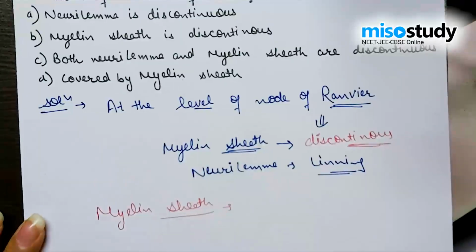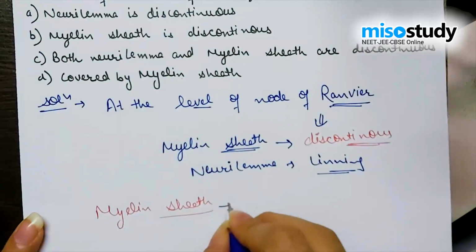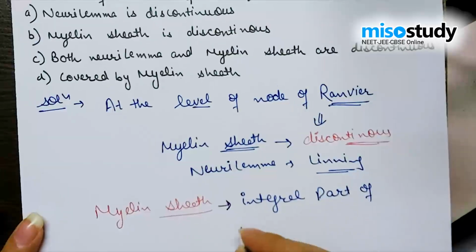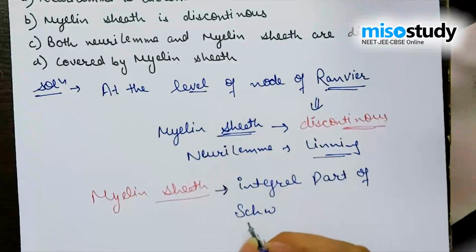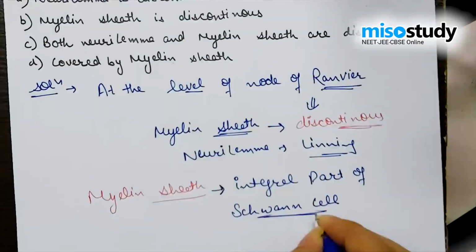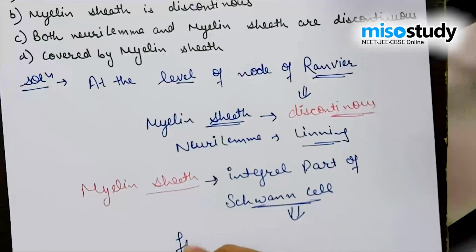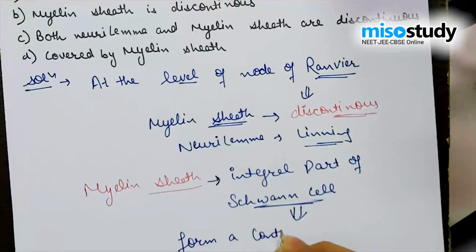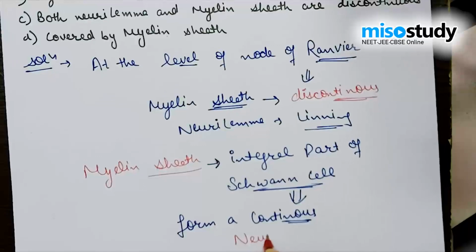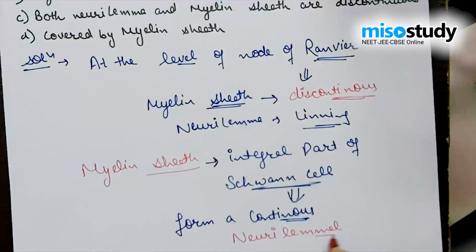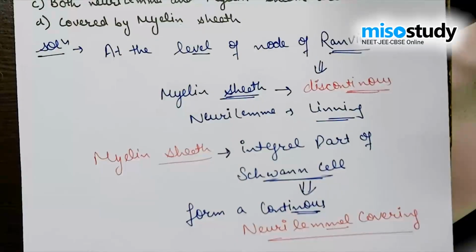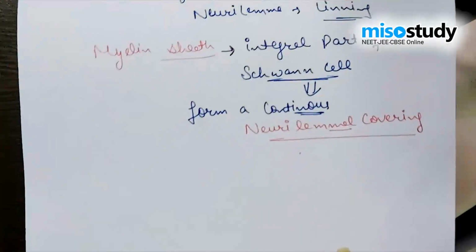Myelin sheath is an integral part of Schwann cell, that actually forms a continuous neurilemmal covering.